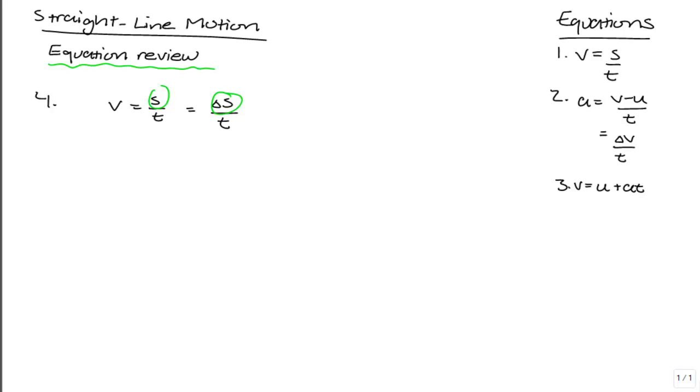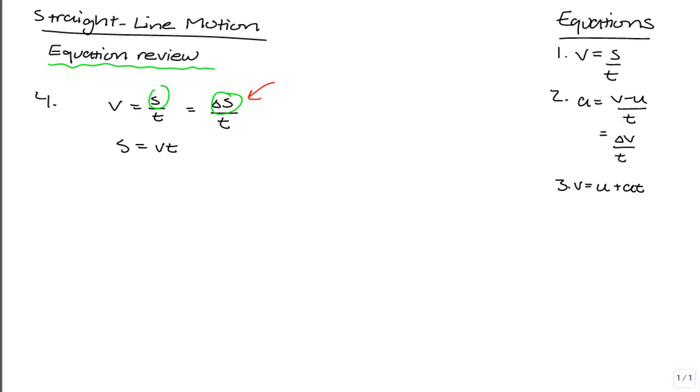In other words, suppose you know the velocity of an object and the time it took, but you don't know the displacement change. So we're solving for s, so we get s is equal to v times t.